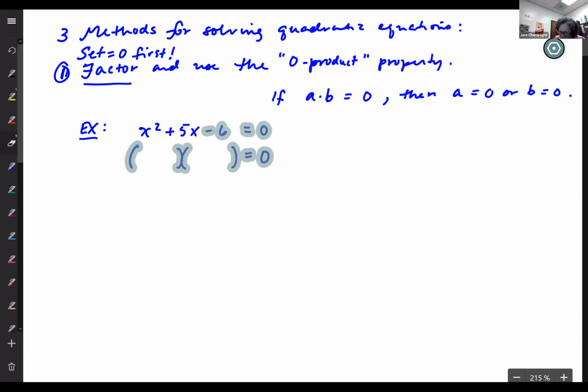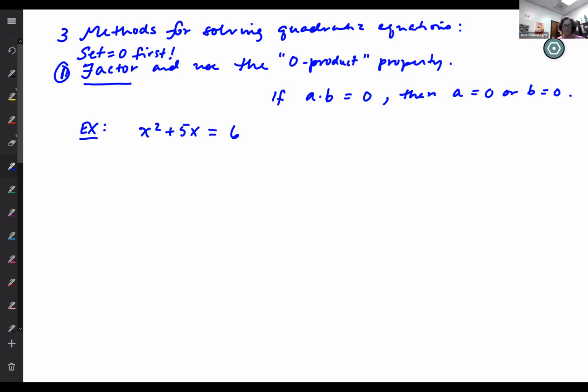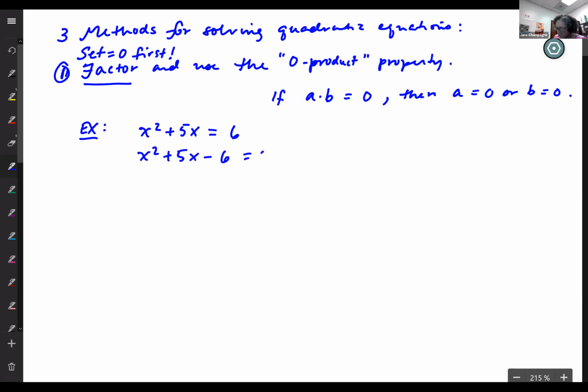What if I started off and said equals 6, right? Then don't factor, right? Because it's not going to do you any good if you've got 6 on one side, right? There's no property of 6, right? There's a property of 0. So this is true if you want to use a quadratic formula also. You've got to set it equal to 0 first. So that's really important.